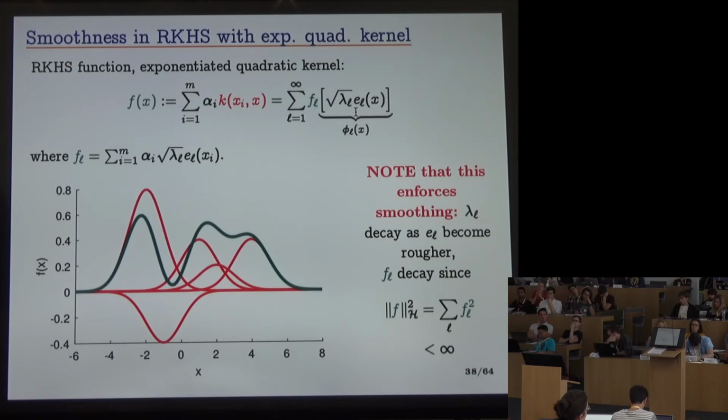So that means that the function that I get out is going to be a smooth function. In particular, remember the norm of f is the sum of the squared coefficients of f. What does that mean? Well, if I'm forcing my norm to be small, then these f's have to decay fast, and my function is going to be very smooth.